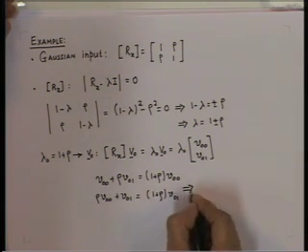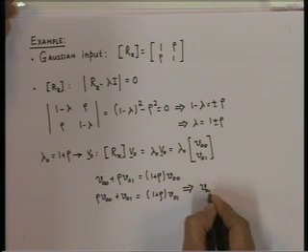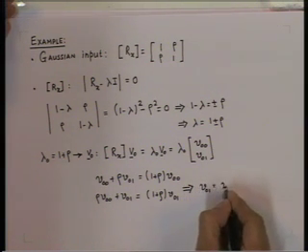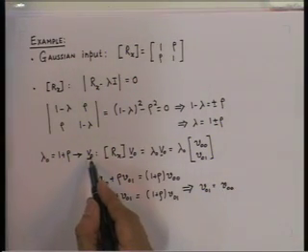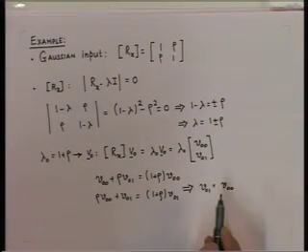This implies V 0 1 is equal to V 0 0. So, both the components of the eigenvector V 0 are equal.